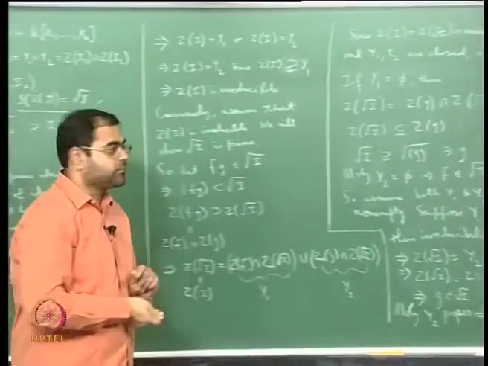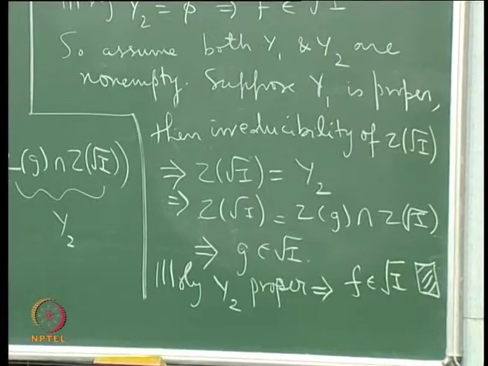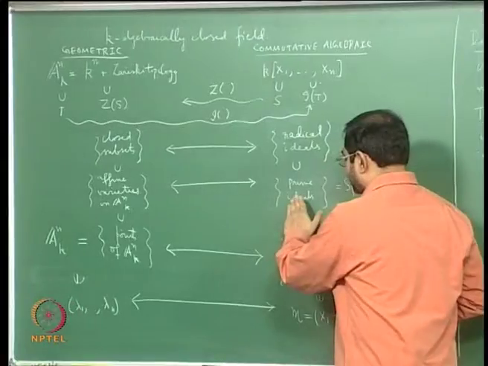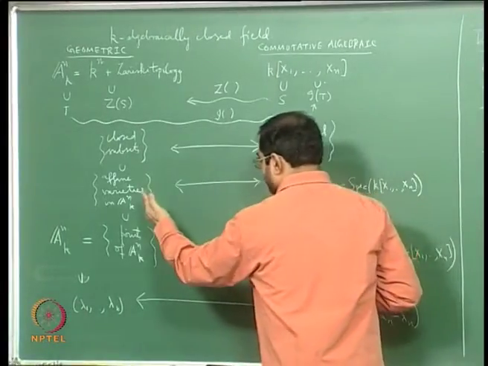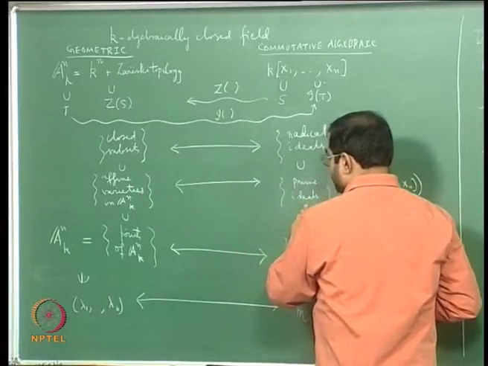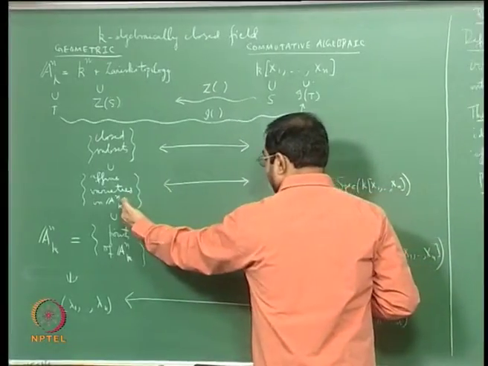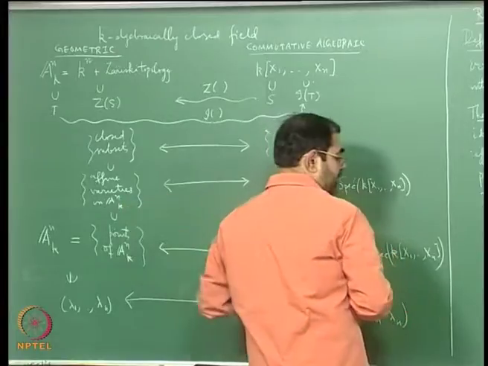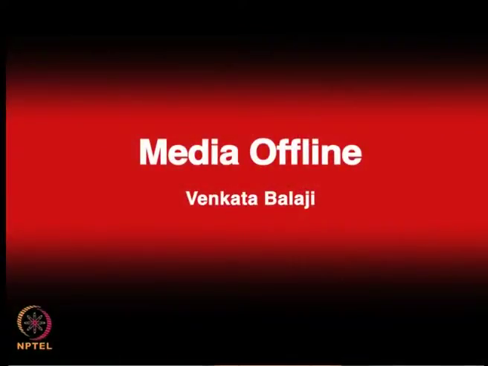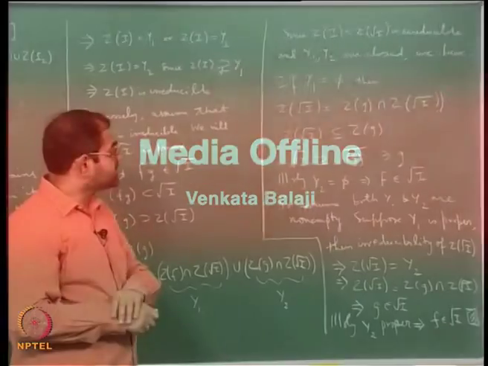So it's very clear that an ideal here is prime if and only if the radical of an ideal here is prime if and only if the corresponding zero locus here is irreducible. That proves it. I'll stop here and we'll continue in the next part with some examples.